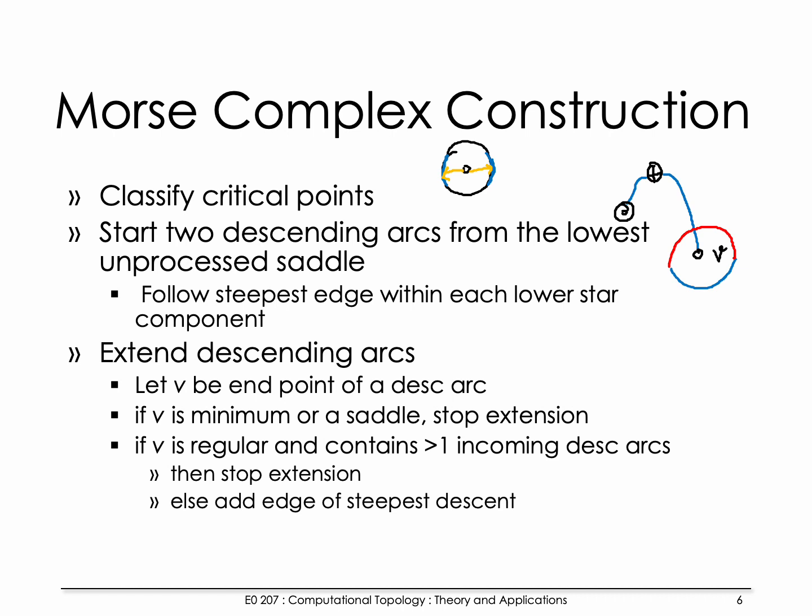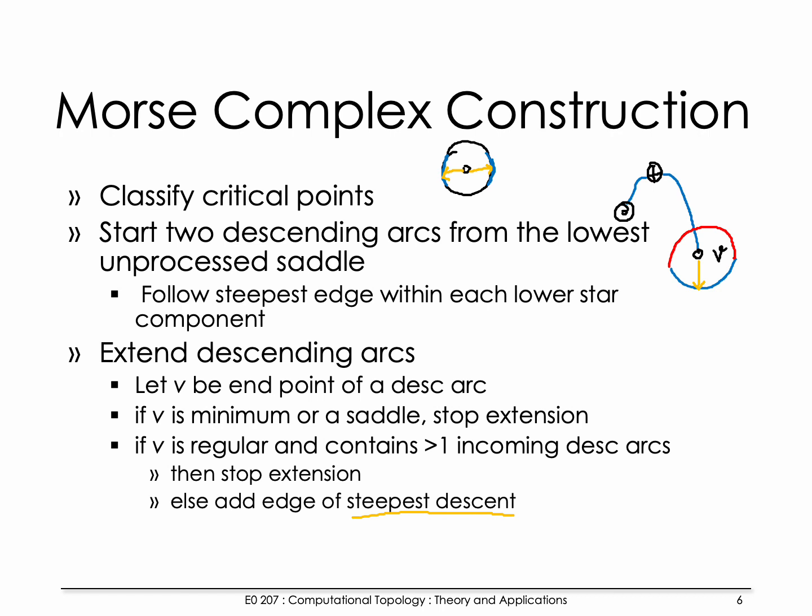So the way we extend the descending arc past V is by adding an edge towards its lower link. So by inserting the edge in the lower star, that is the edge of steepest descent, right? By adding this edge of steepest descent in the lower star, we have extended the descending arc.